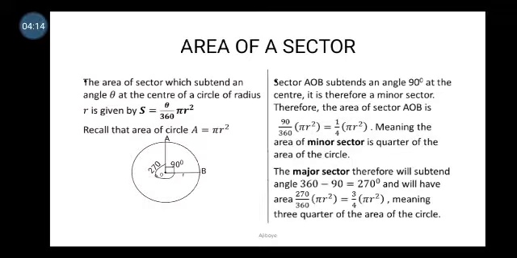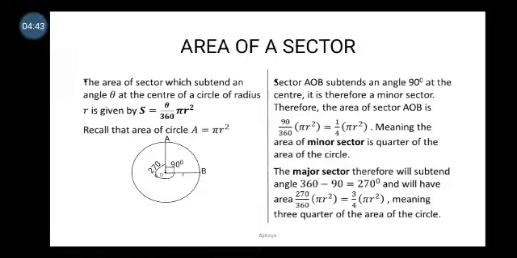Area of a sector. The area of a sector which subtends an angle theta at the center of a circle of radius r is given by S equals theta over 360 times pi r squared.